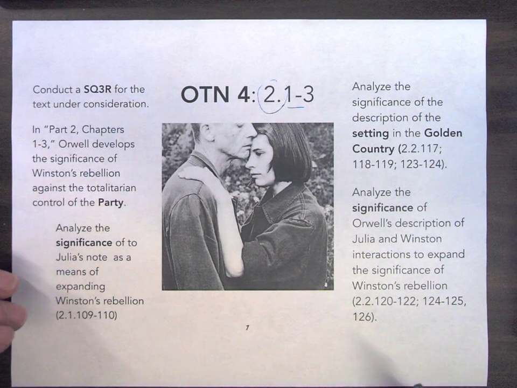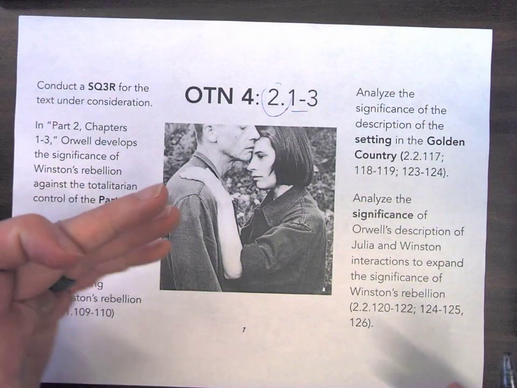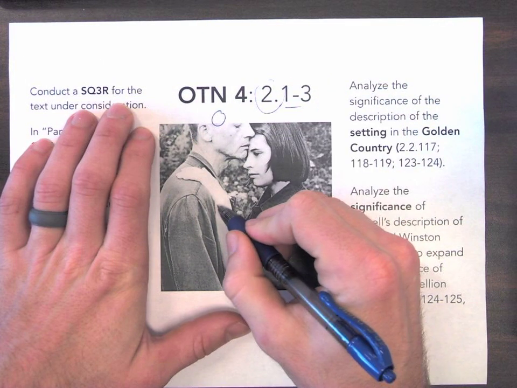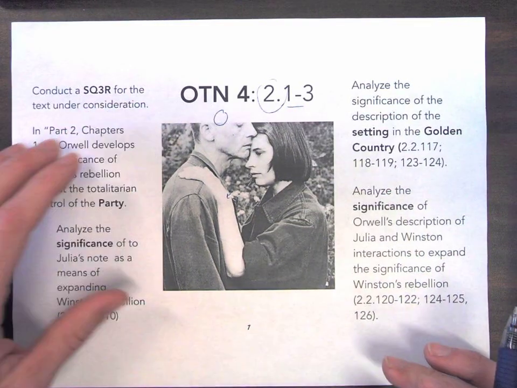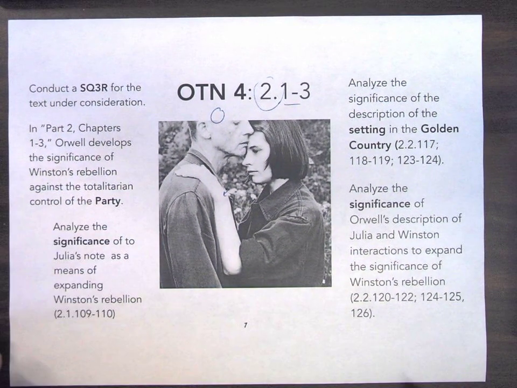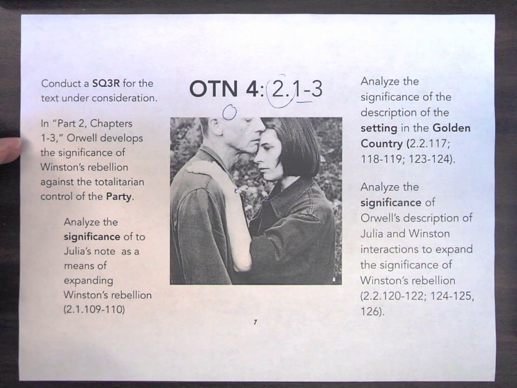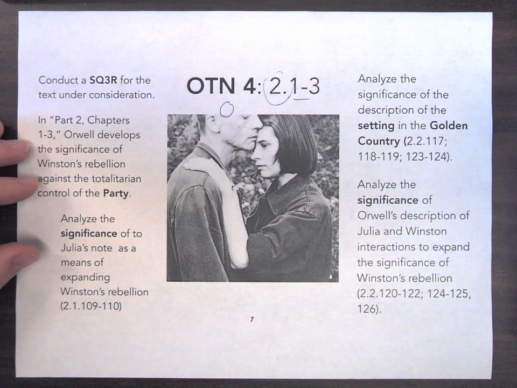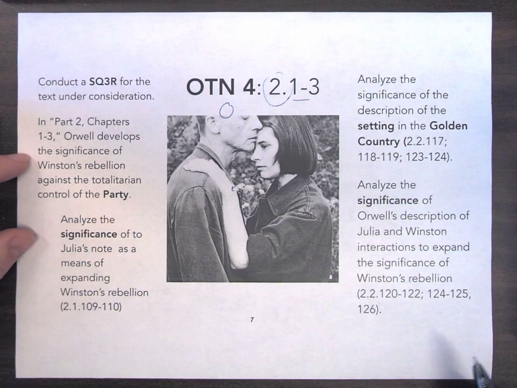One of the most important themes or major ideas explored in Part 2 is the ways in which Winston begins to expand his rebellion from something that is true only in his own mind and private personal heart, and begins the process of sharing that both with another individual and, as he hopes, eventually with his society at large. Hence his joining of the Brotherhood, his reading of the book, his relationship with O'Brien. All of these things are attempts to expand Winston's rebellion.